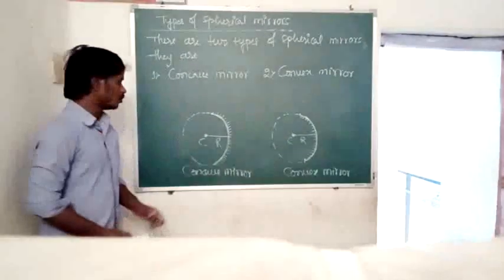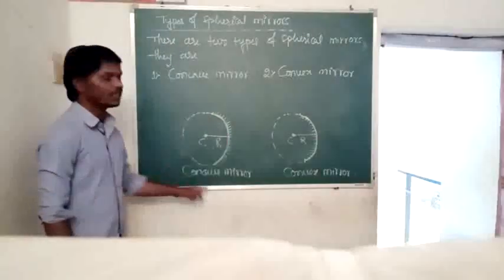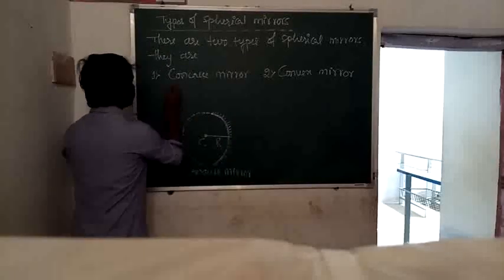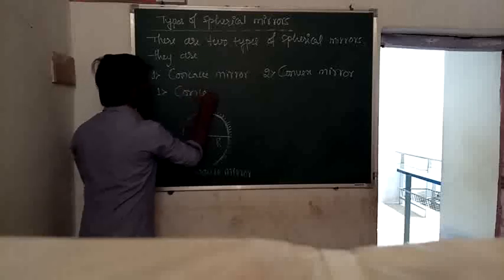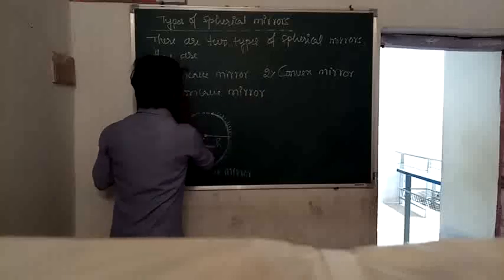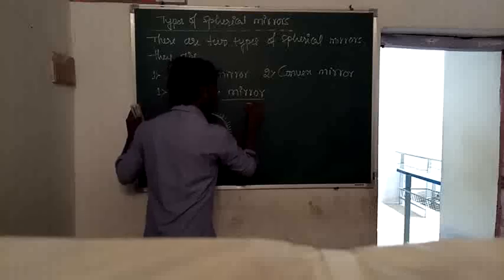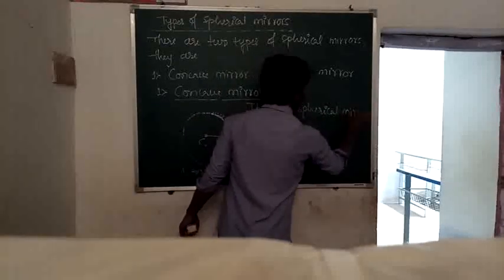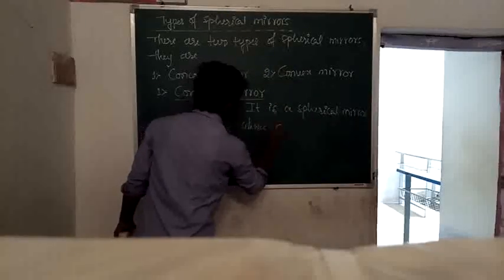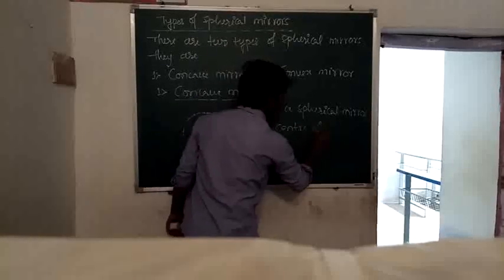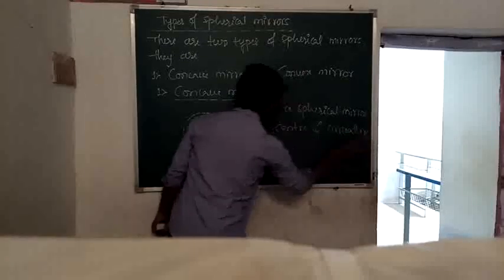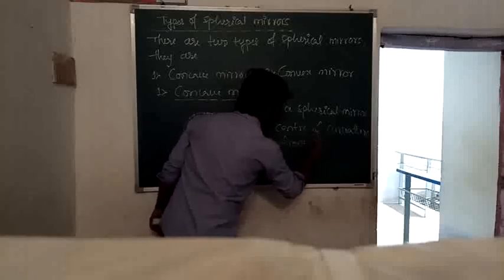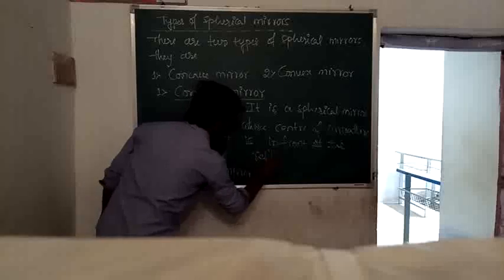A concave mirror is a spherical mirror whose center of curvature is in front of the reflecting surface, as already shown in the diagram.